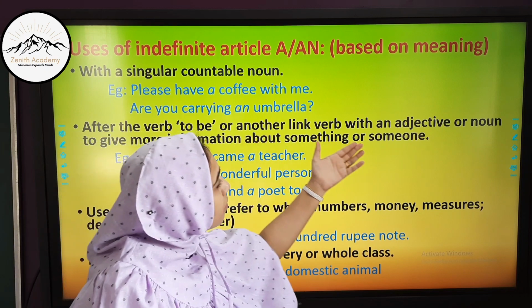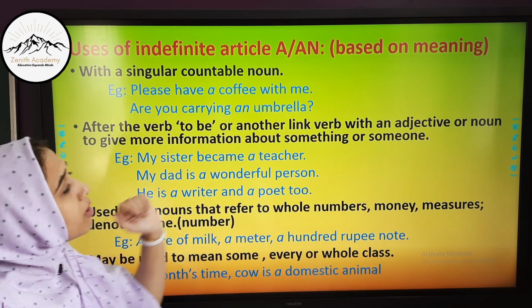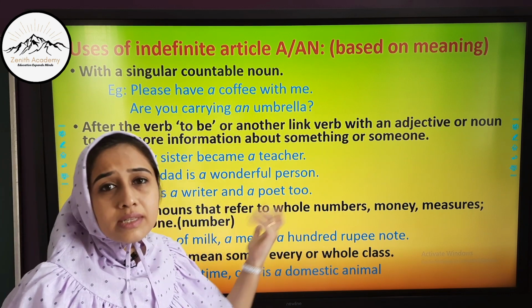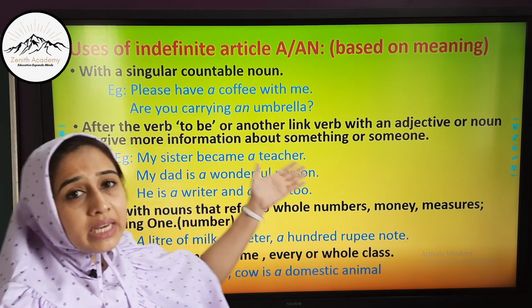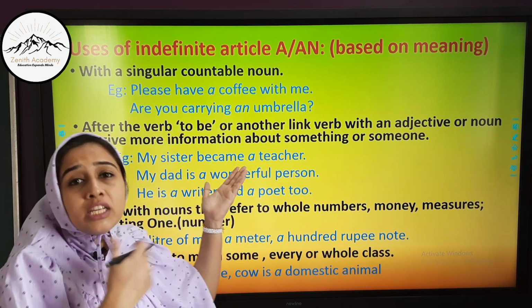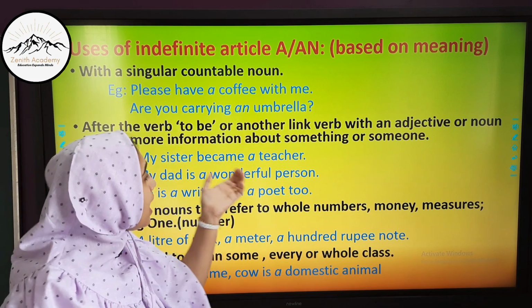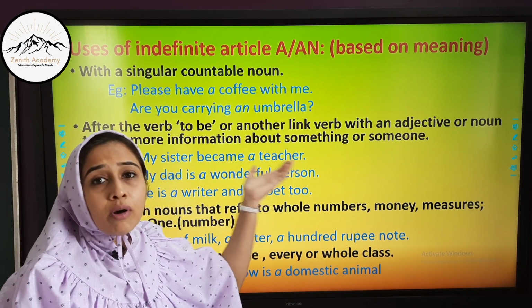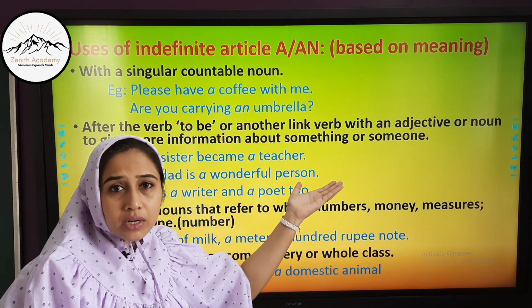Or another linking verb with an adjective or noun to give more information about something or someone. What does this actually mean? When I say my sister became a teacher, became is from to become. So a to be form of the verb is used over here, became, and we are talking about my sister, which is a noun, and it is linked to another noun, teacher.